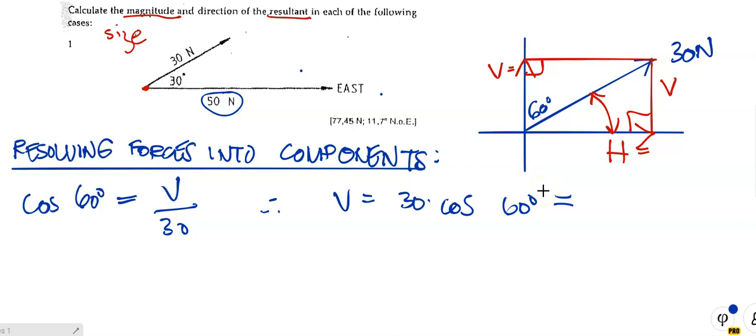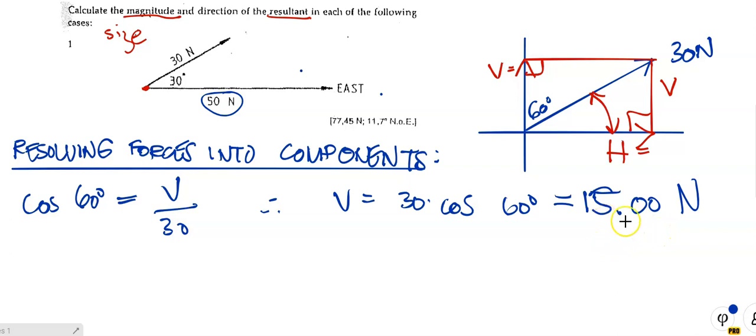Don't believe me, work it out. 30 cos 60 is equal to 15. And notice there, 0.00, by the way, I didn't mention it. We work to 2 places after the decimal in this class, okay? Not 3. You can work to 3 sometimes to improve accuracy. 1 is too little, but we generally work to 2 places after the decimal.